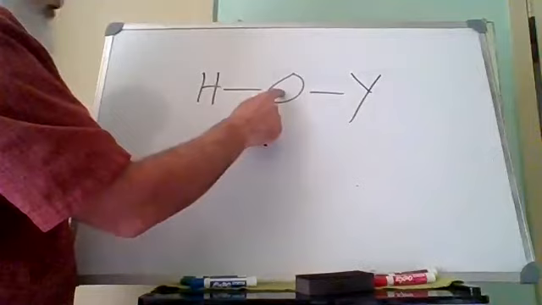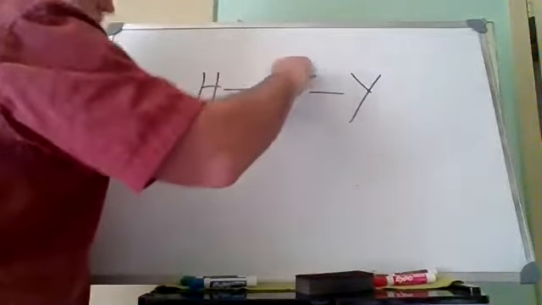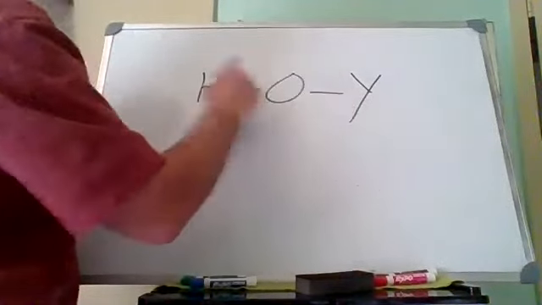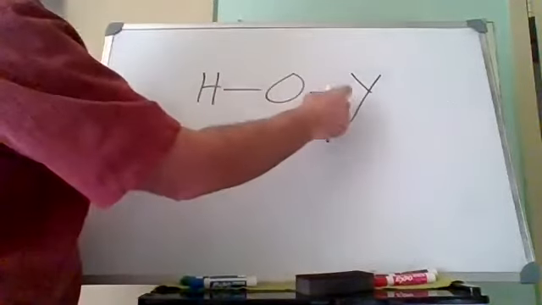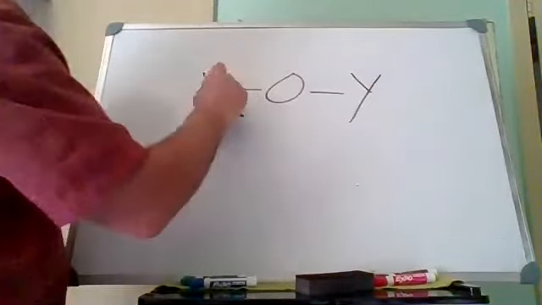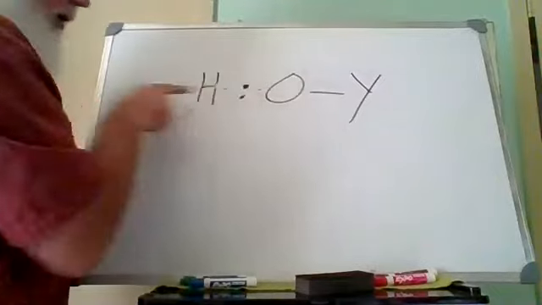The second most electronegative. So the protons are pulled towards the oxygen here. But if this is a highly electronegative atom, they're going to be pulled even more towards the oxygen, right? So the electronegativity of Y can affect how much this bonding pair of electrons here is pulled in that direction.